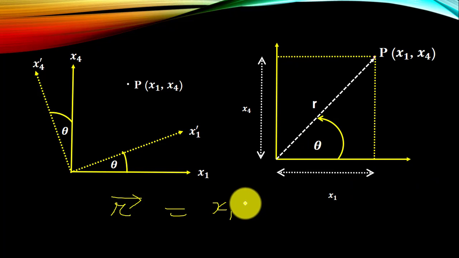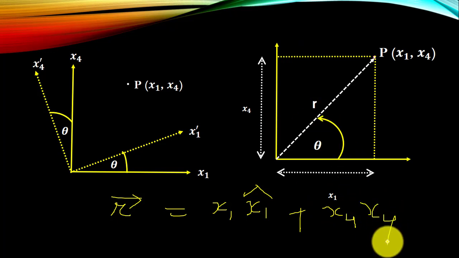If I define a unit vector x1 cap in this direction, then I will write x1 cap, plus the component of this vector along this direction, which is x4, and the unit vector in this direction, if I write it as x4 cap.